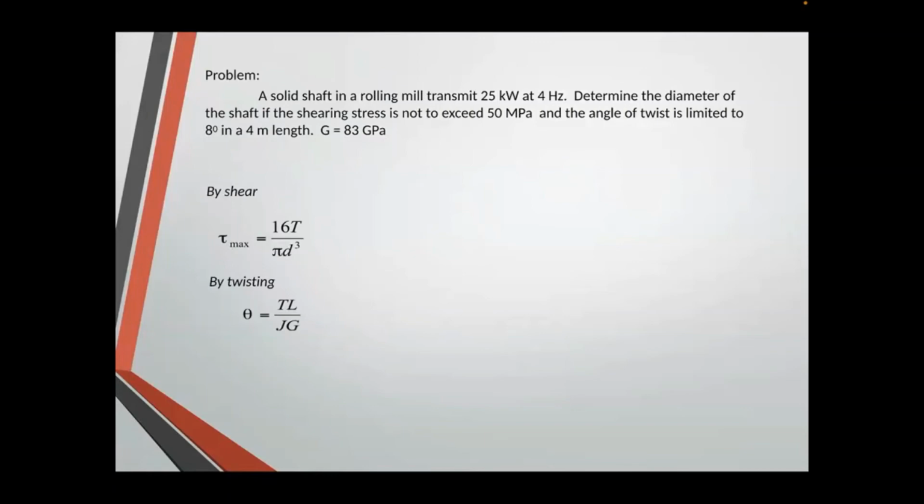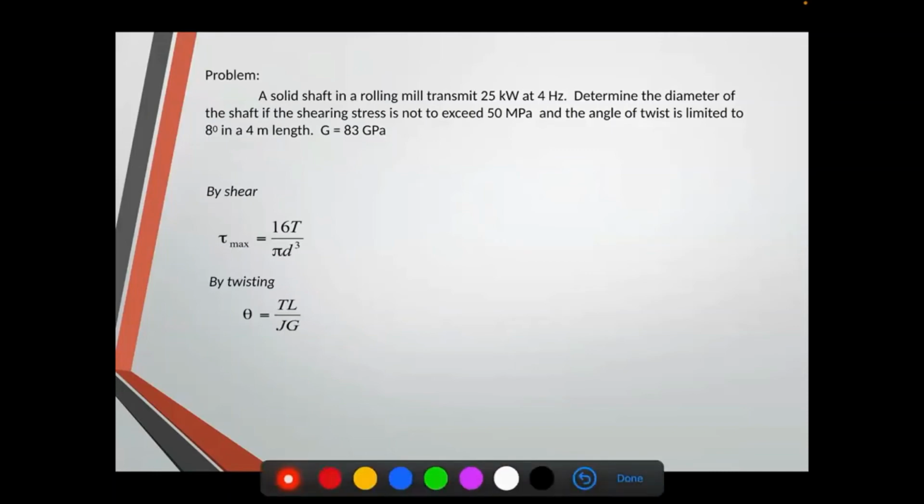So, before we do that, we don't have the torque. Ang binigay sa atin is yung power ng tinatransmit ng rolling mill. So, kanina, di ba, sabi ko P is equal to 2 pi f T. So, the power is 25 kilowatts. So, convert natin into watts.